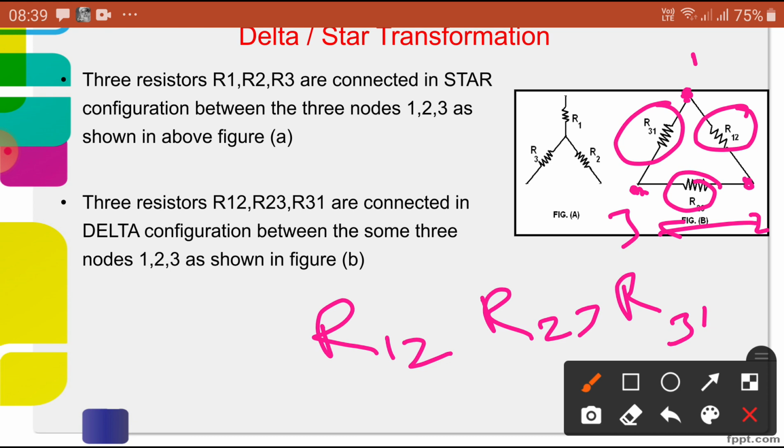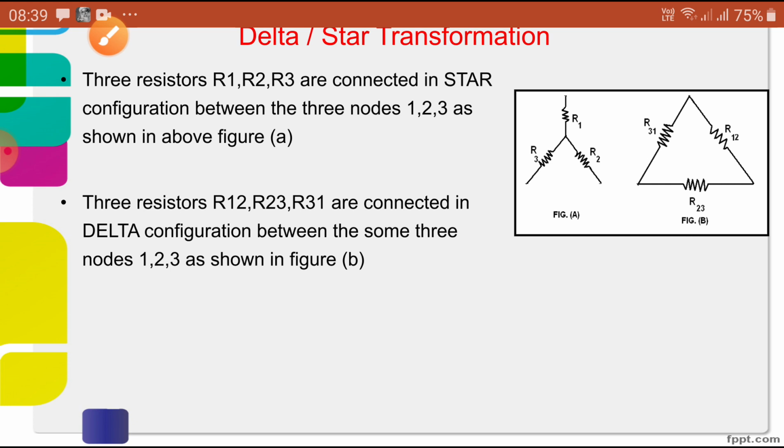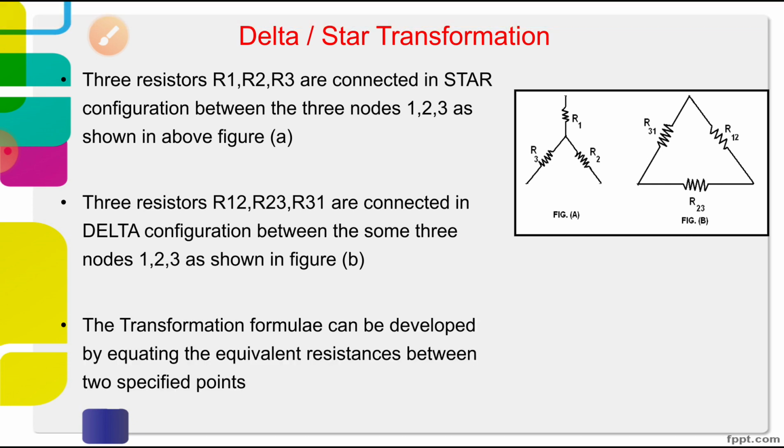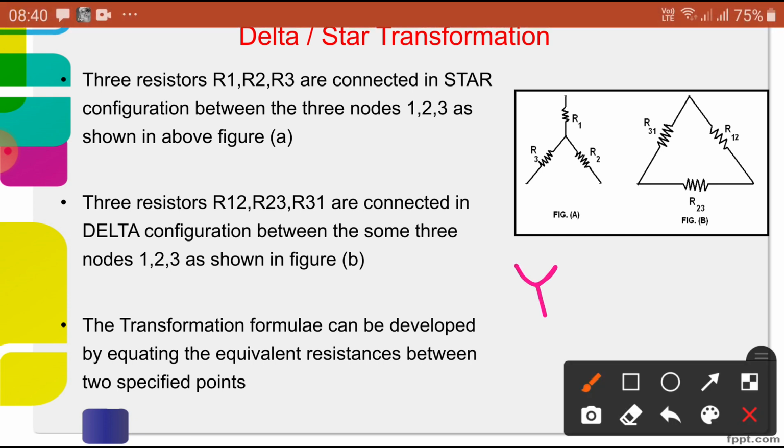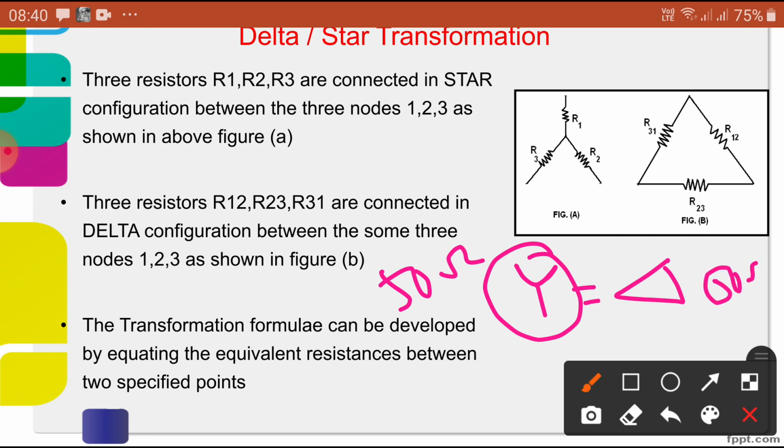The transformation formula can be developed by equating the equivalent resistance between two specified points, and any two points we are going to equate. So what is the equivalent value? The star equivalent resistance is equal to the delta. Whatever the total resistance is, for example 50 ohms, we are going to get 50 ohms, but the configuration changes. The ohmic value is the same, but the configuration changes.